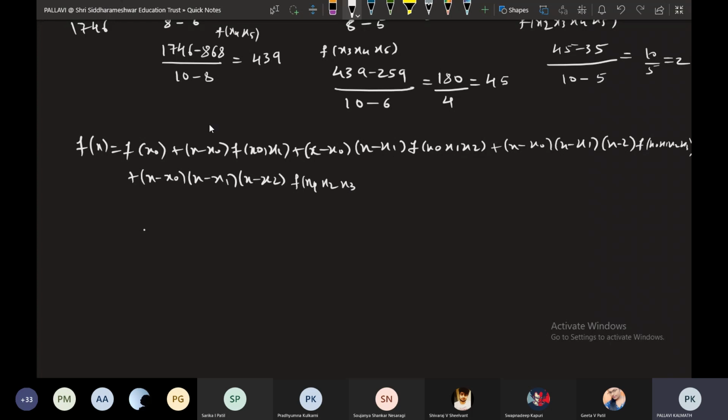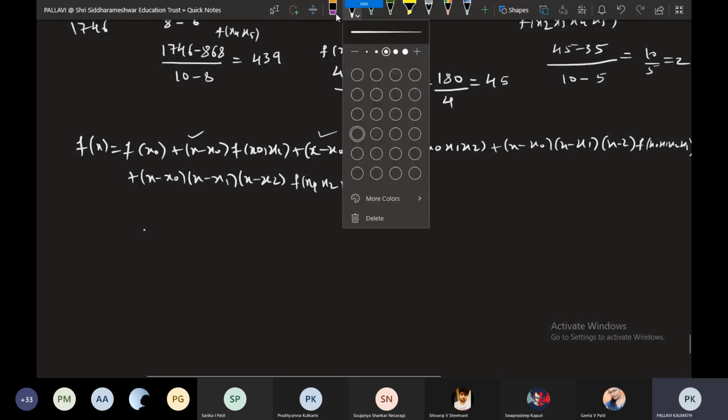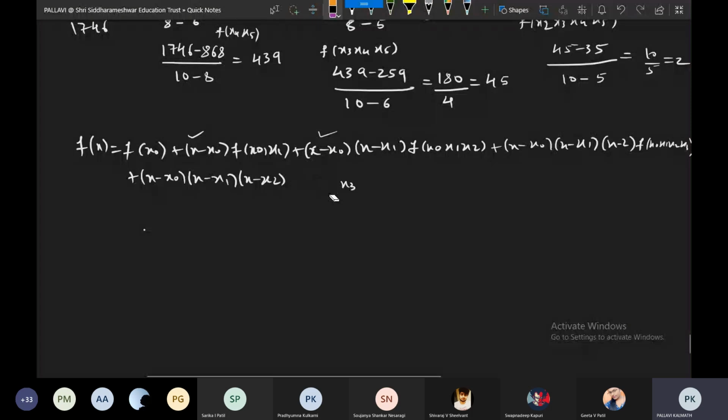So the first one is x minus x naught, then x minus x naught, x minus x1, then x minus x naught, x minus x1, x minus x2. If you want, you can include one more term. Or in general, we can go on writing only this many terms and write plus and so on, but you go on substituting until all the terms are completed.